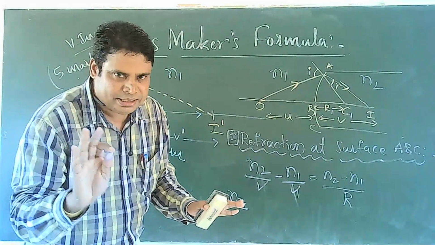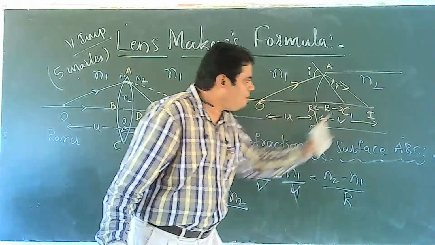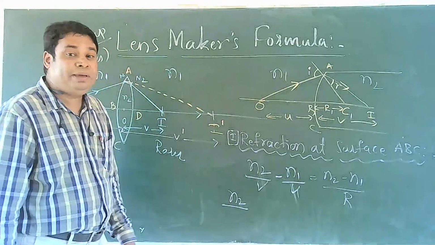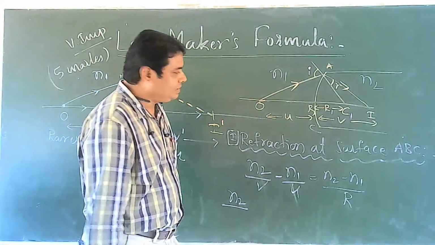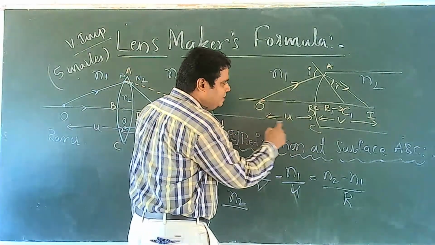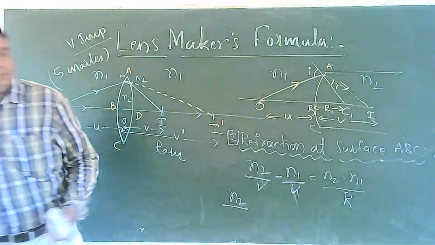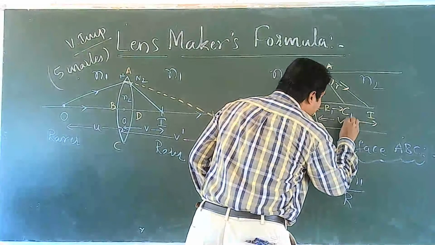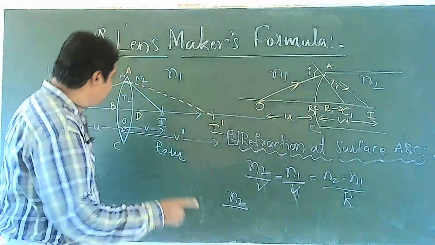No problem. Correct? Refractive index of image space, divided by image distance. What is image distance here? Tell me, what is image distance? This is u, object distance. Here, v dash. v dash is the image distance. Why v dash is the image distance?